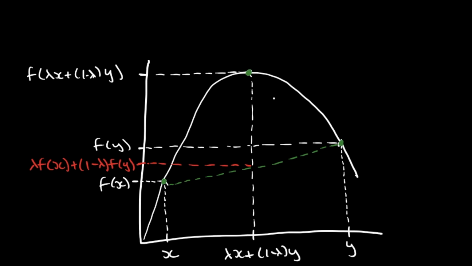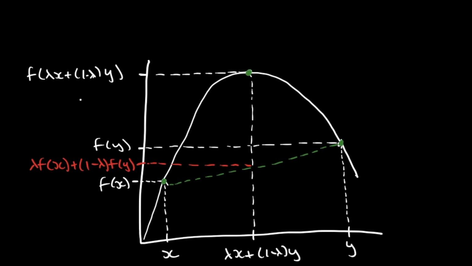We want to actually formally, mathematically, prove it with the formal definition. Because once we can prove that a function is concave using this pretty robust definition, we can be a lot more confident that the function is actually concave instead of just looking at it and saying, yeah, concave.